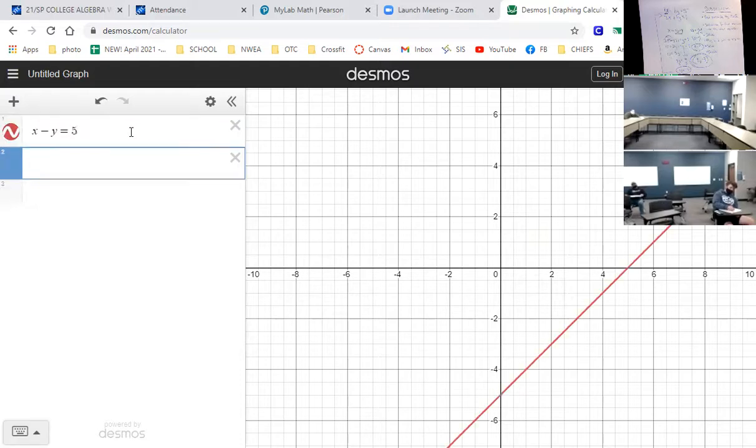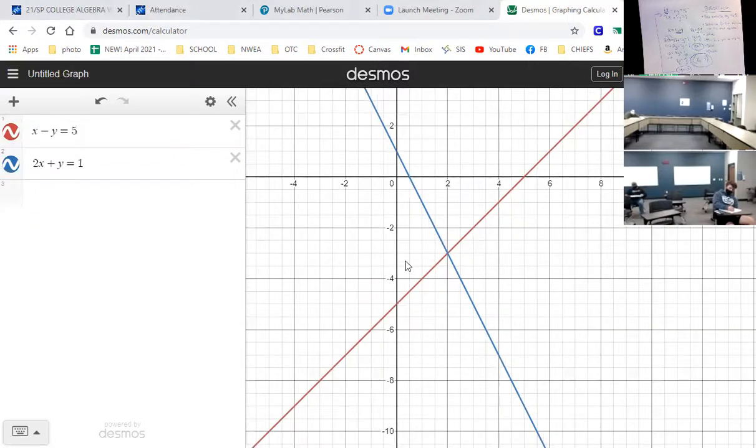And my other equation was 2X plus Y equals 1. You can clearly see my lines cross. If I click here, it highlights and says, oh, look, you cross at the point 2, -3. So you can use that to check your solution as well. So you have a digital way to verify that your answer is what it's supposed to be.